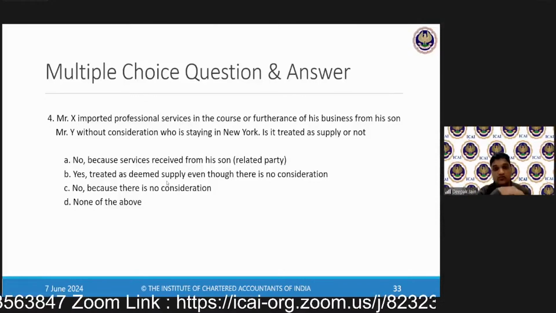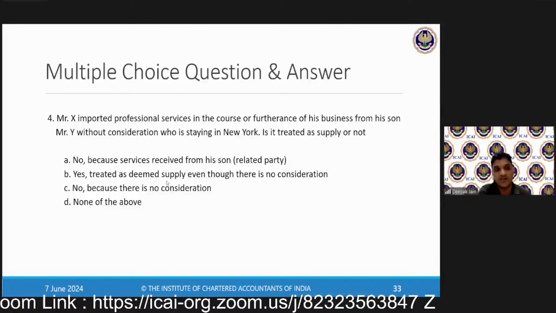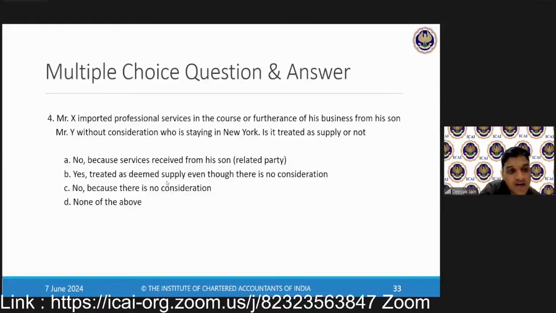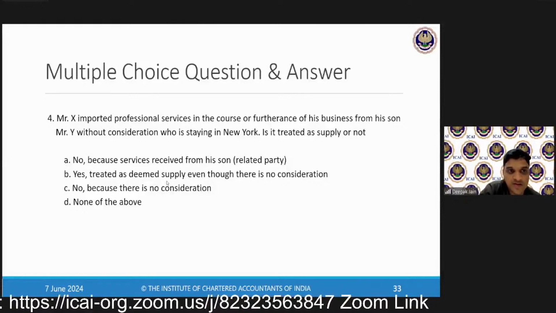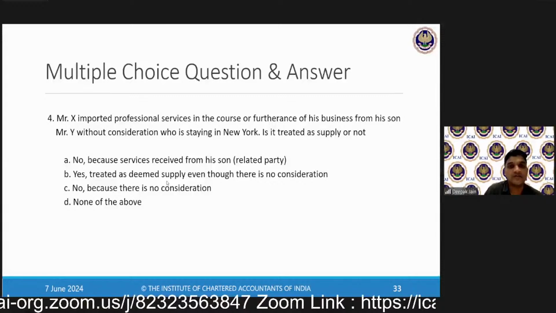Again, wow. These questions are really complicated. That's why this is causing confusion, that some people are saying A also, B also, and C also. Okay, importation of services, you have to be very careful.